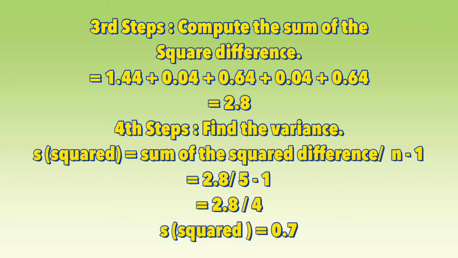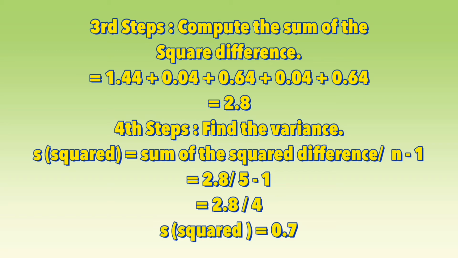The fourth step, find the variance now. So our formula to find the variance is s squared equals the sum of the squared differences over n minus 1. N is the number of samples given. So the sum of the squared differences is 2.8 over the sample we have, 5 minus 1.